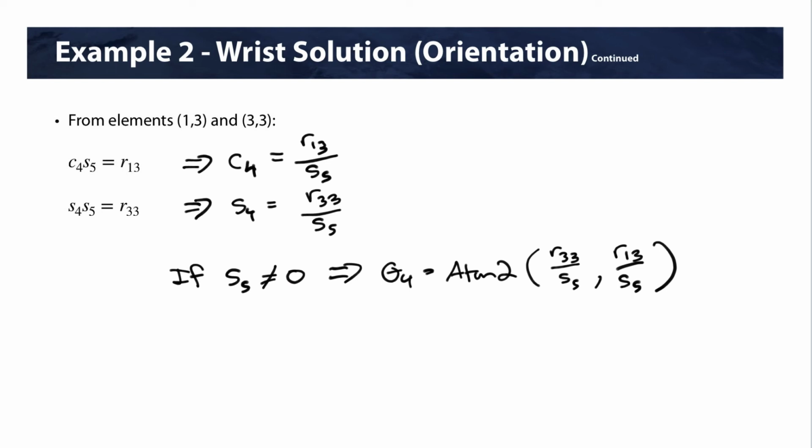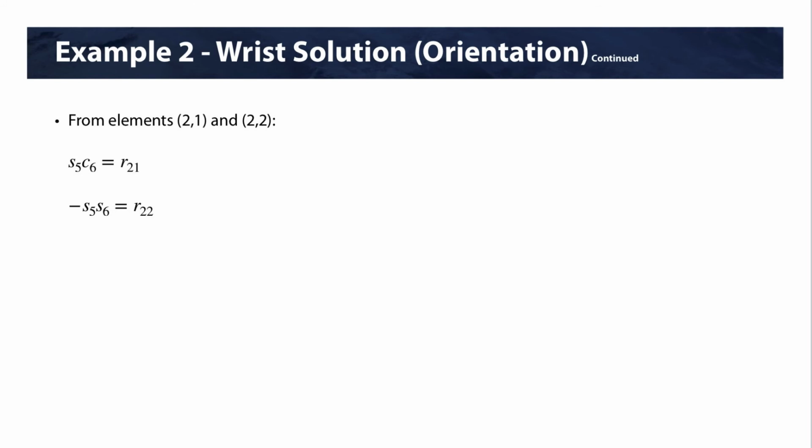But let's first find the final joint, which is theta 6. We can use elements 2,1 and 2,2 to find our theta 6 term. So here's element 2,1 and here's element 2,2. We can solve for C6 in the first one, so C6 is equal to R21 over S5. And then we can solve for S6.